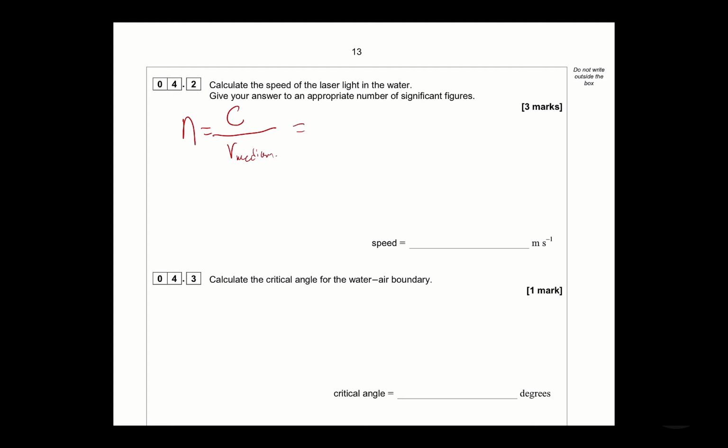So the speed in the medium is equal to c divided by N, so 3.00 times 10 to the 8 divided by 1.33.